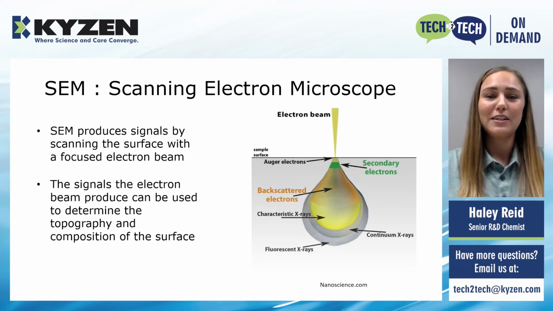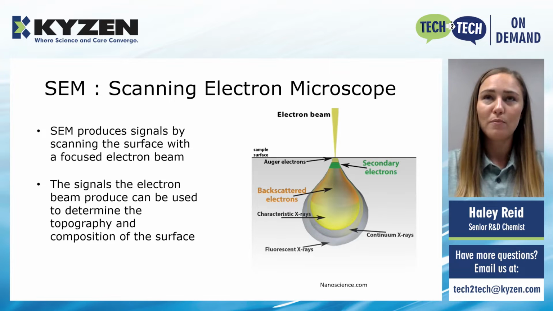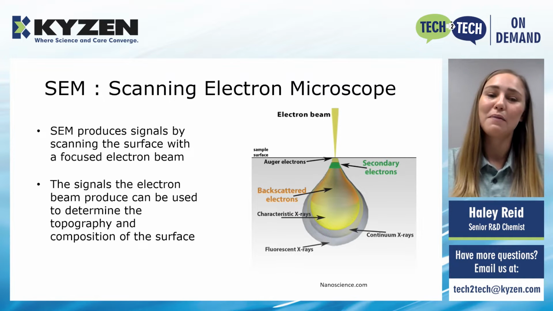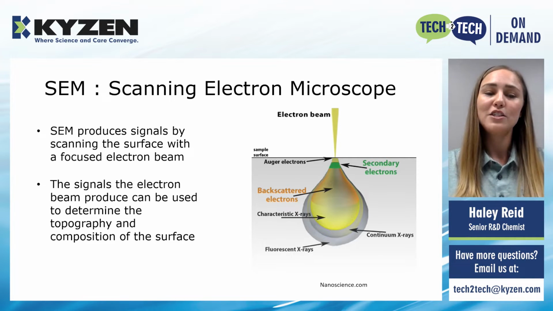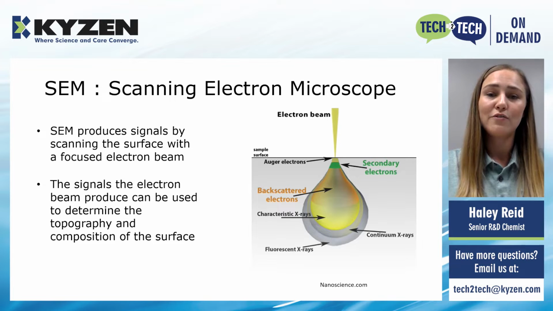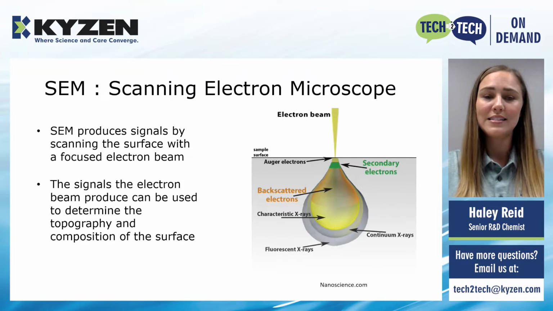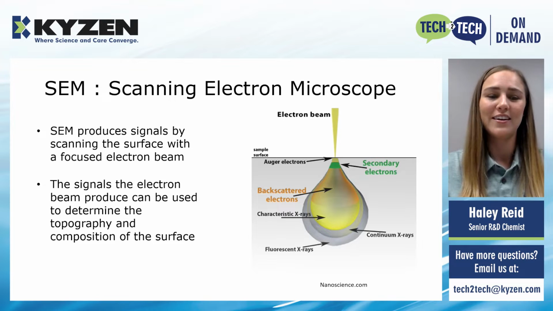So, SEM, which everyone's heard of, actually stands for scanning electron microscope, or if you're talking about the method, microscopy. This just uses an electron beam that is focused onto a sample and then scanned over the sample in a square pattern to get information.